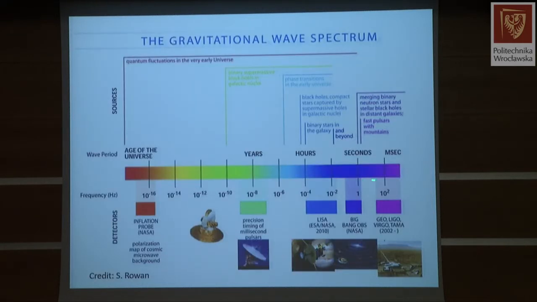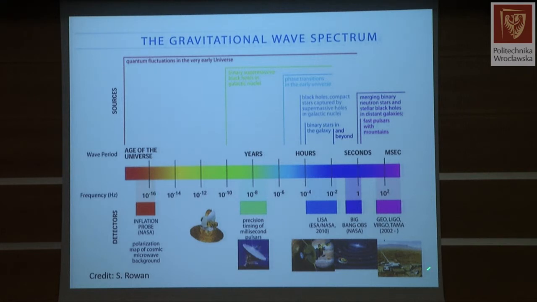So finally, I will add that these ground-based detectors are not the only detectors of gravitational waves. There is also a planned detector in space, which is called LISA, which will be sensitive to lower frequencies, in particular to binary white dwarfs and also more massive black holes.